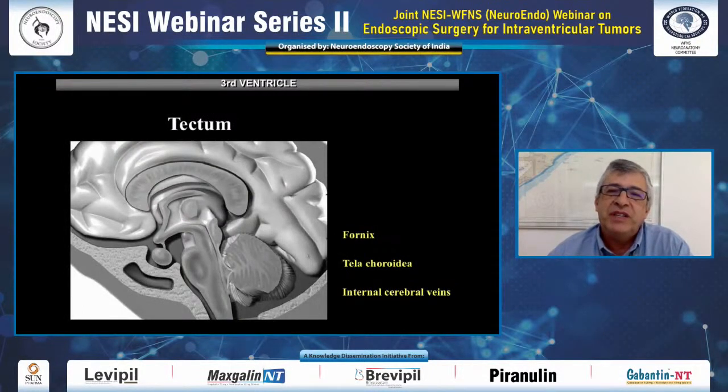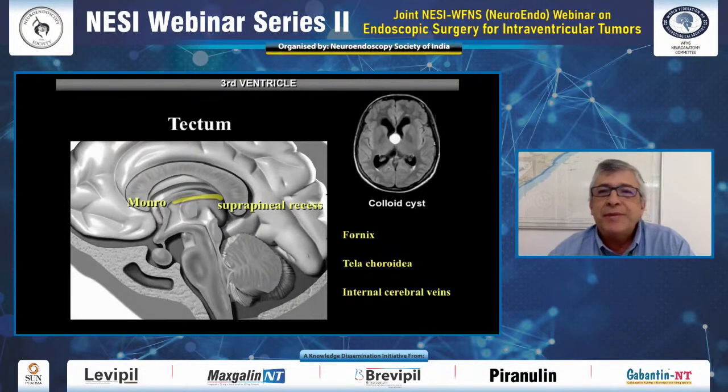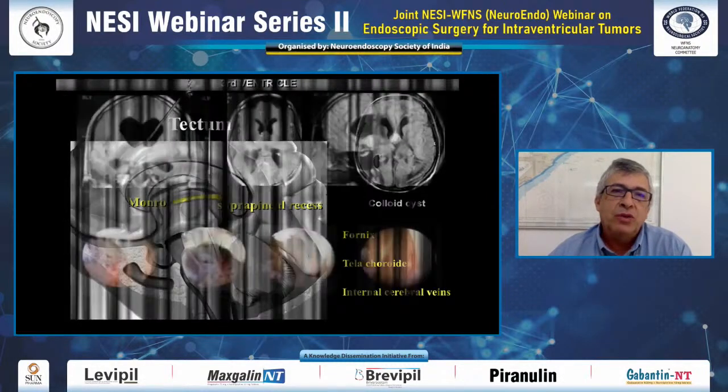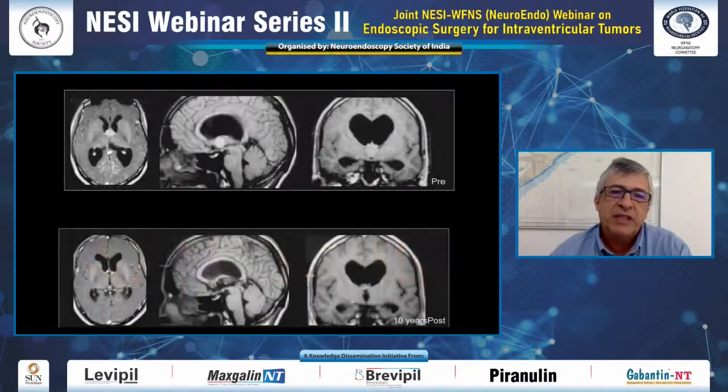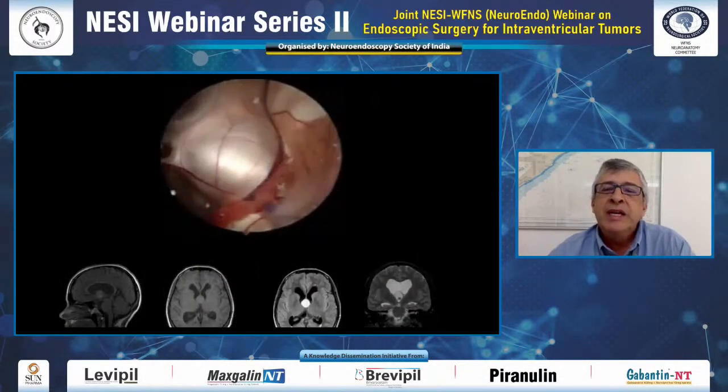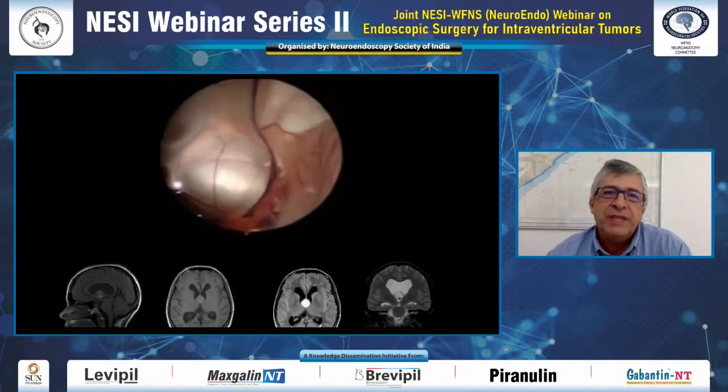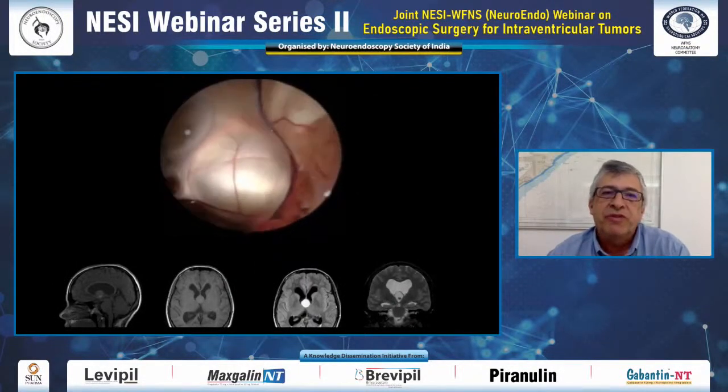The roof of the third ventricle is formed by the fornix, tela choroidea, and the internal cerebral veins. An example of this kind of tumor is the colloid cyst. It's easy to remove, as you can see here. Coagulate the capsule, remove the tumor. Sometimes you have a bulge, and sometimes you cannot go into the Monro foramen.